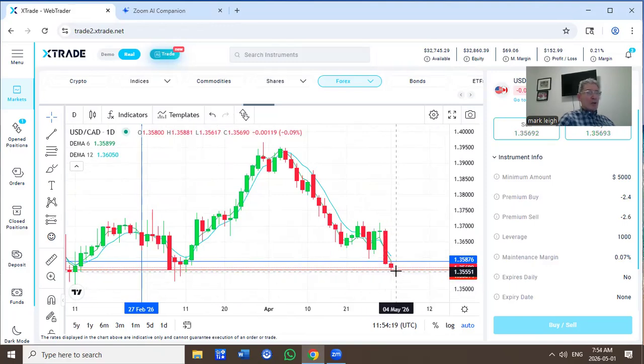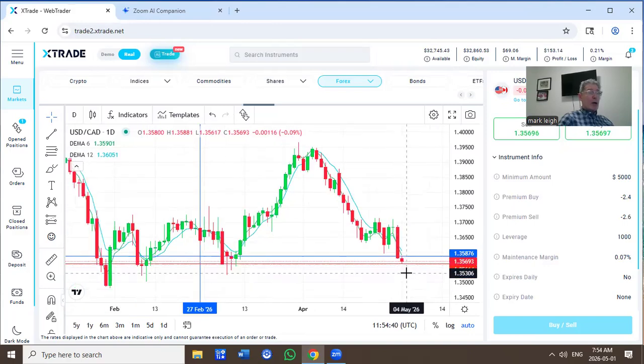I've got resistance at 135.87. If US dollar buyers do step in, that's the level they'll be looking to recoup some of these losses. If we see a continuation of dollar weakness and Canadian strength, hang around this level, maintain at this level, perhaps, like I said, even try push lower.